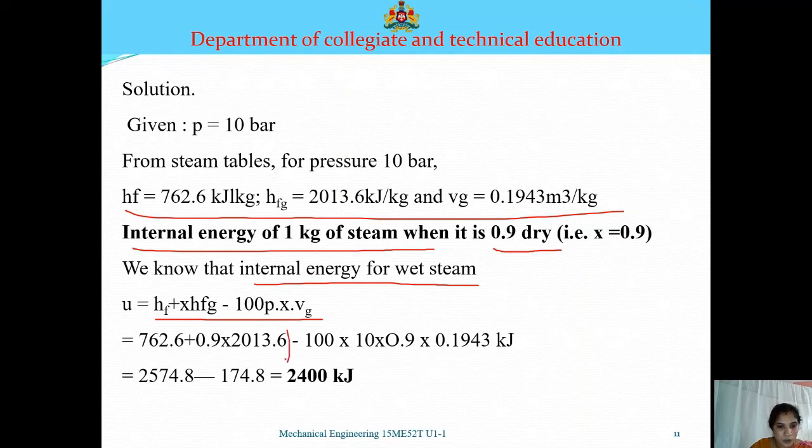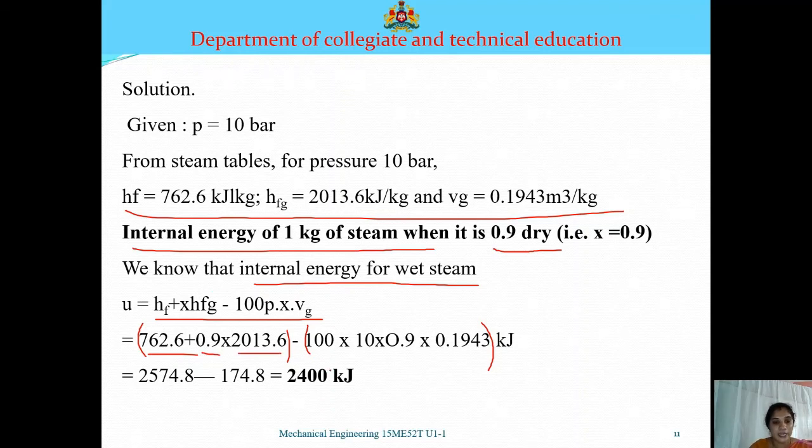So for easy calculation, you put the bracket so that there will be no confusion in the readings. So first you take the value of hf, the value of x and the value of hfg.